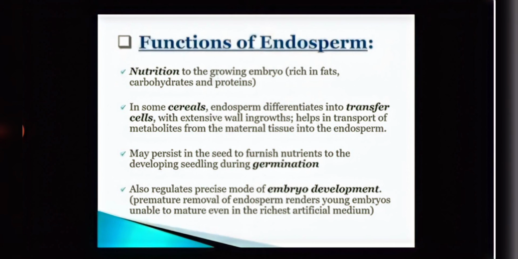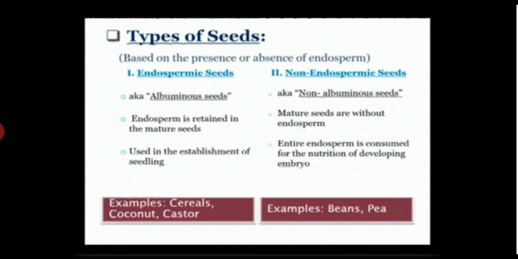It also regulates the precise mode of embryo development, that is, premature removal of endosperm renders young embryos unable to mature even in the richest artificial medium. Coconut milk, as I already told you, contains rich nutrition. It contains cytokinins, so it is useful in tissue culture practices in the preparation of media.